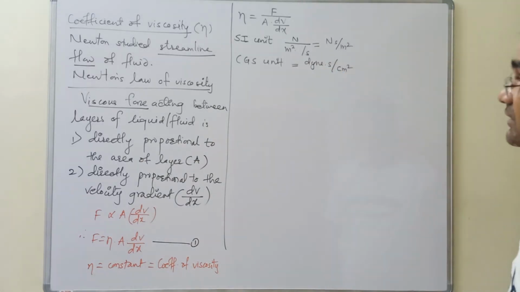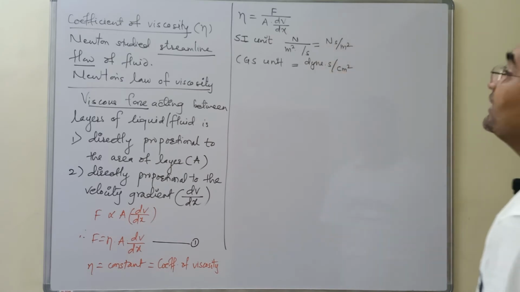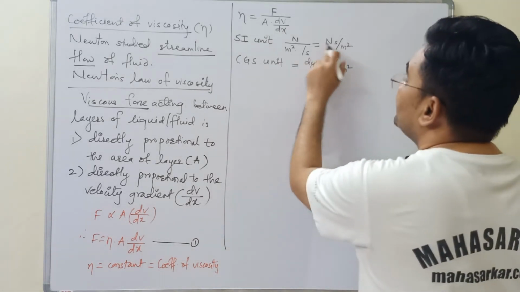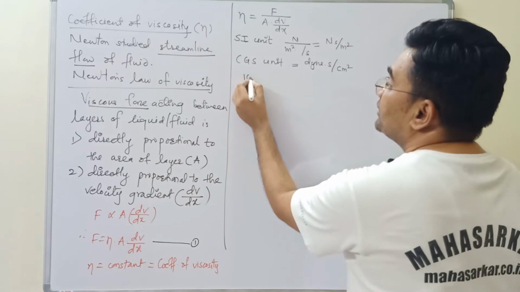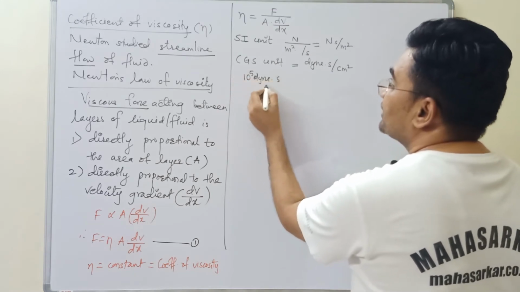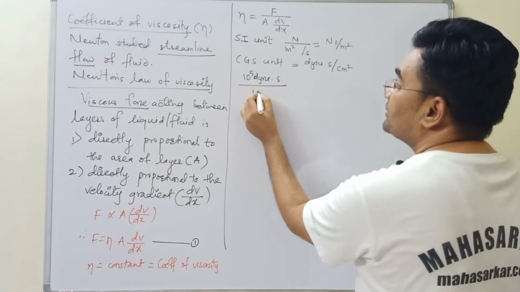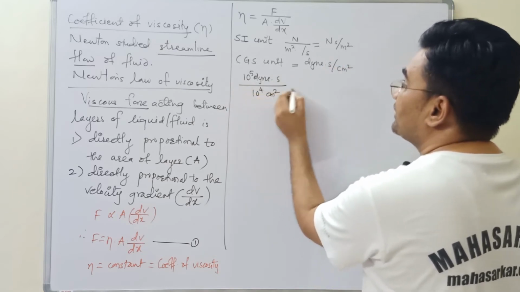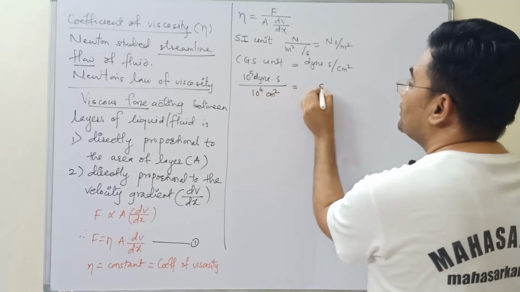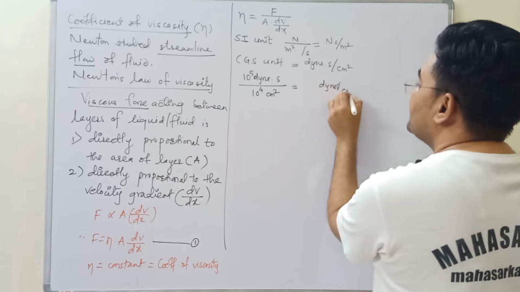If you convert Newton into dyne, so 10 raised to 5 dyne into second divided by meter square, meaning 10 raised to 4 centimeter square, equals dyne second per centimeter square.